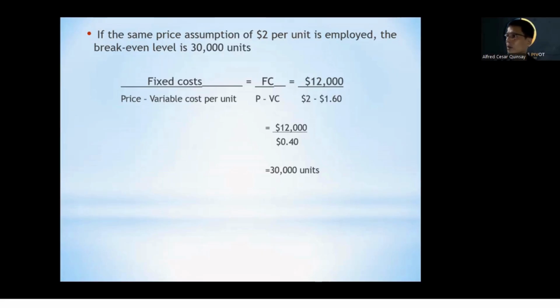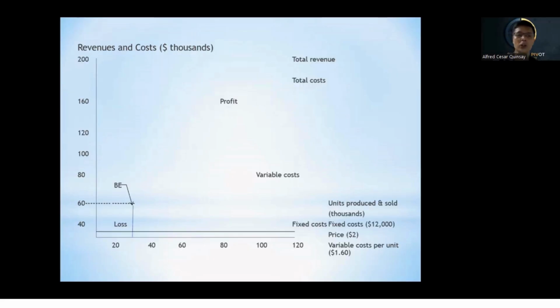Kasi yung iba, they think na pagka masyado mataas yung break even, that would not be beneficial to the company. But the thing is, if you have yung leverage na yon, you would be able to overcome that break even easily and gain more profit as you go along.